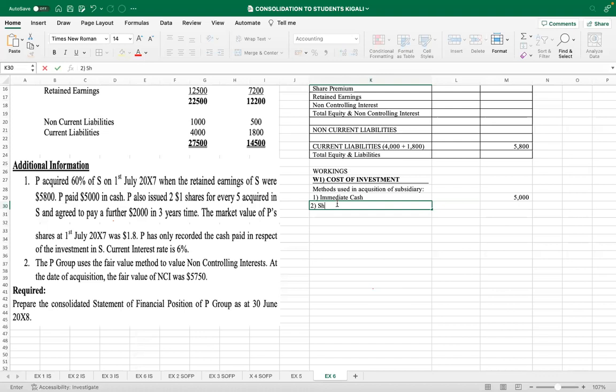Number 2, it is through share exchange. And what is the rule? Because we have not been given the number of shares acquired, look at what I'm doing carefully.